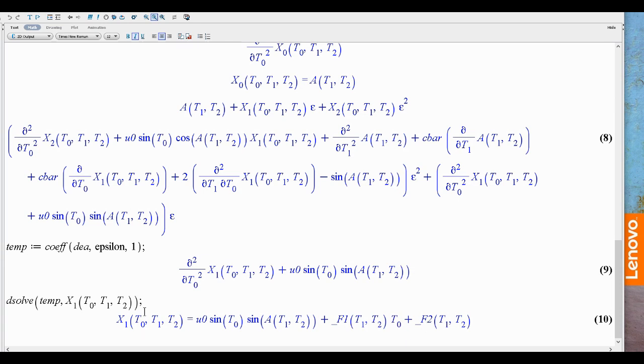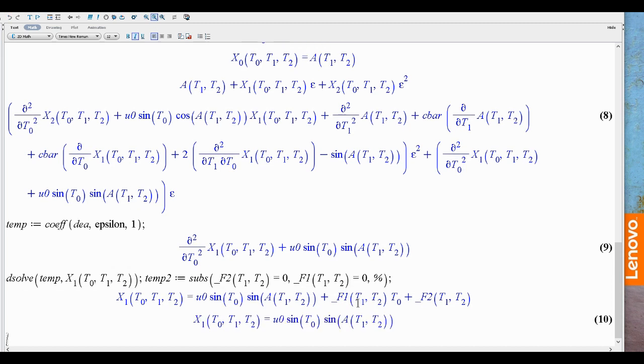Okay, so what we do is we say temp2 is equal to substitute f1 equals 0 and f2 with, it has this funny underscore, okay. So now I've got this here. This is temp2. Very good.